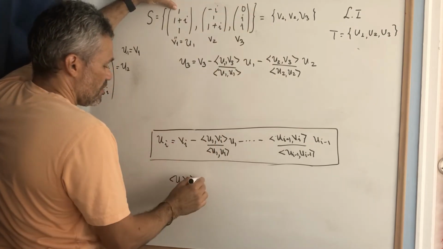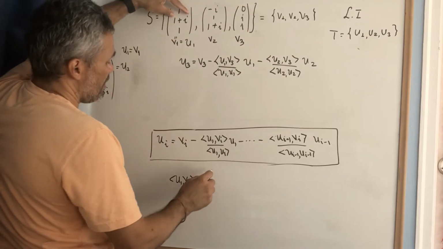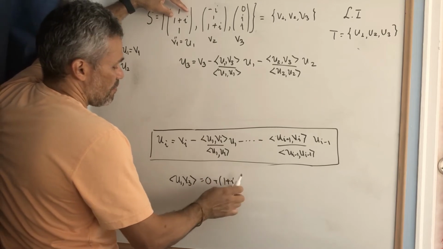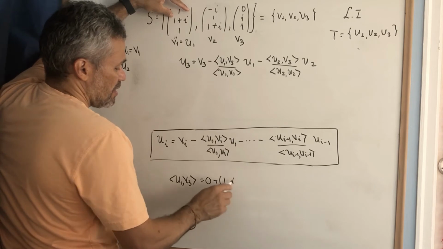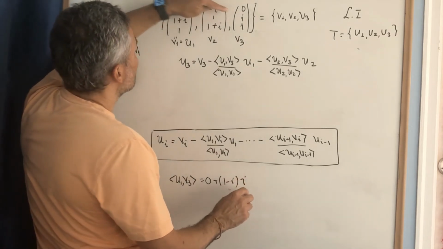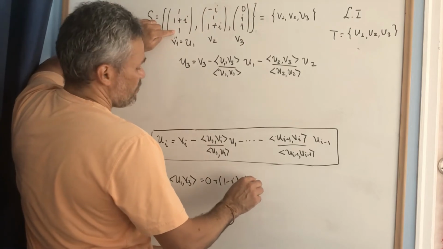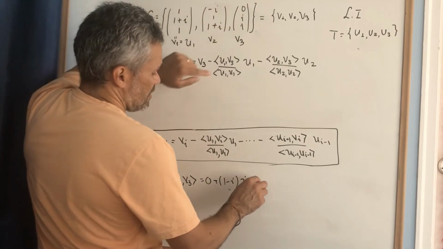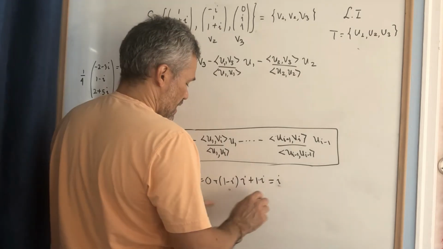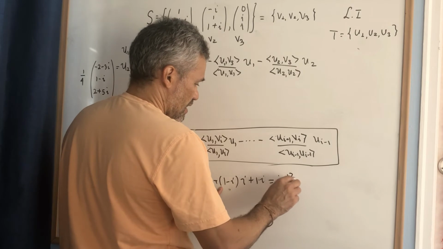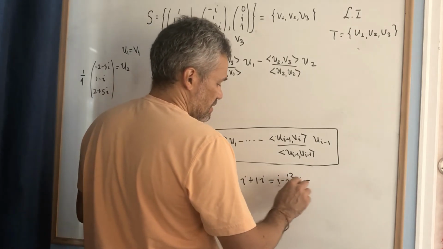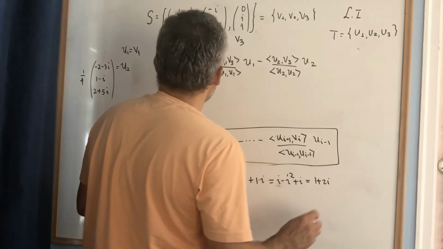Then we get 0. And then here we have plus the conjugate of 1 plus I, which is 1 minus I, times I, and then plus the conjugate of 1, which is just 1, times I. And this is I minus I squared plus I, and this is 1 plus 2I.